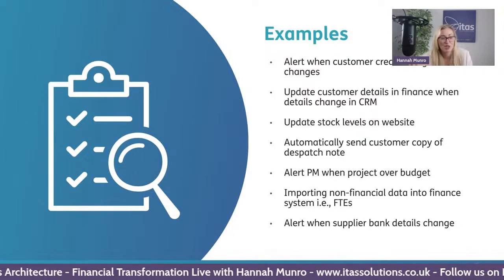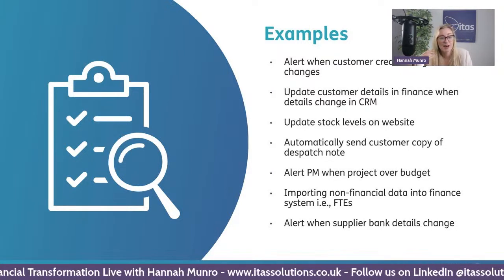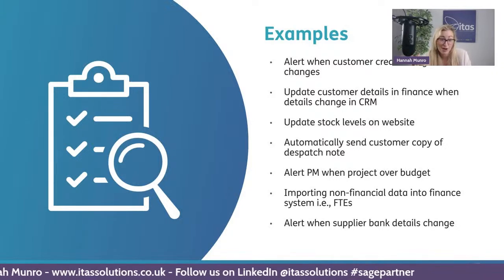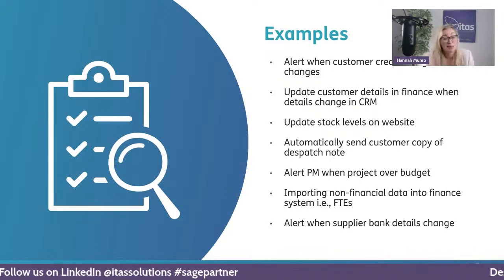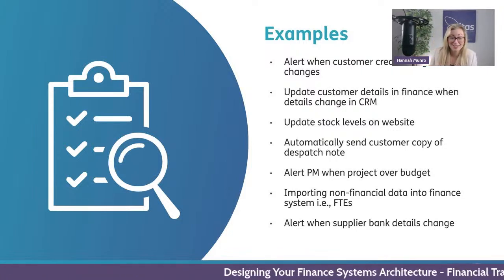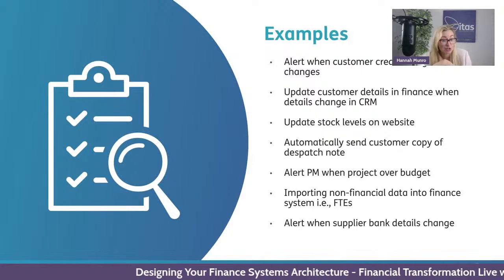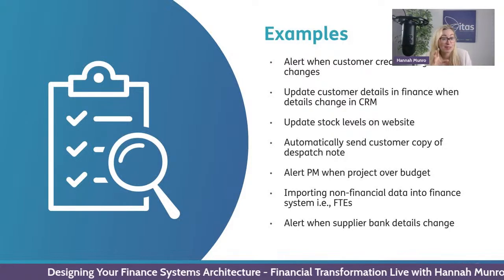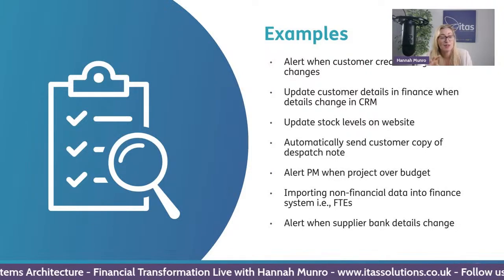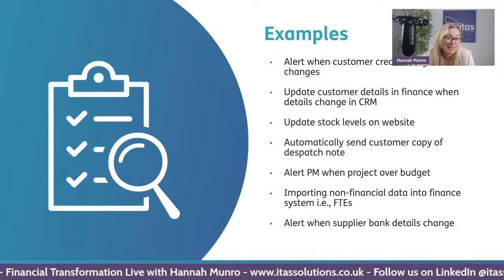Updating customer details in the finance system when the details change in CRM, updating stock levels on a website, sending customers copies of dispatch notes, alerting a project manager when your project is over budget, importing non-financial data into finance systems, maybe the number of FTEs from your HR system or payroll system, or alerts when supplier bank details change.